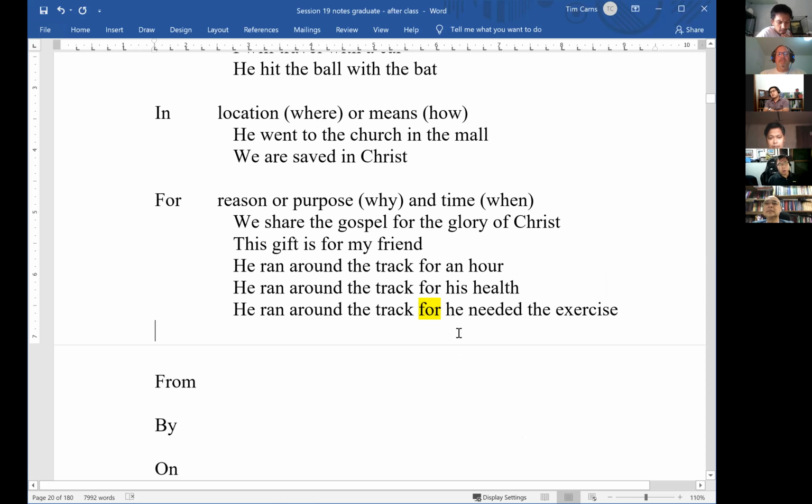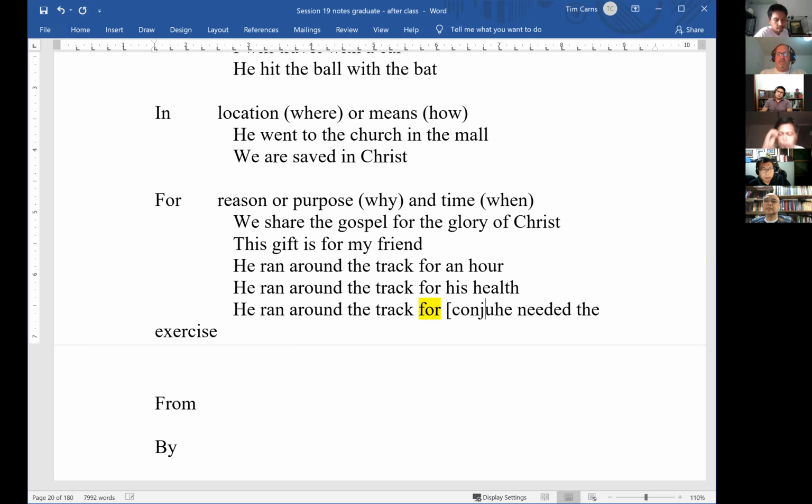No. It is describing purpose again, so it has a similar function, but grammatically, notice it's not followed by a noun, is it? It's followed by a clause. See the subject here, he, the verb needed. So it's technically, in this sentence, acting as a conjunction, isn't it?